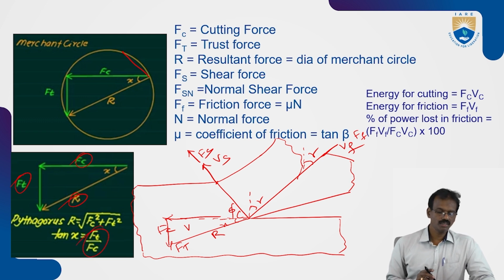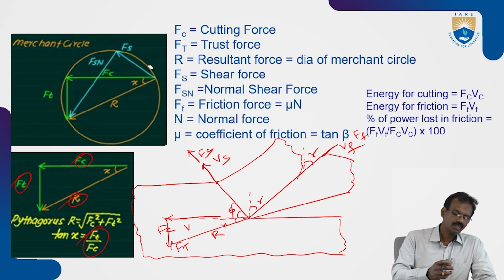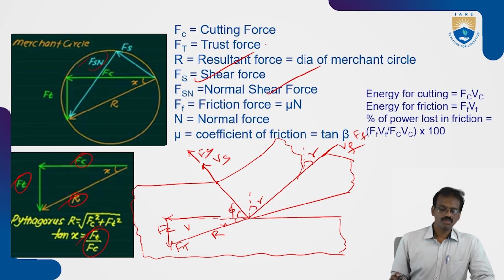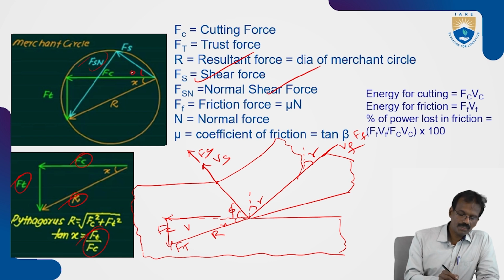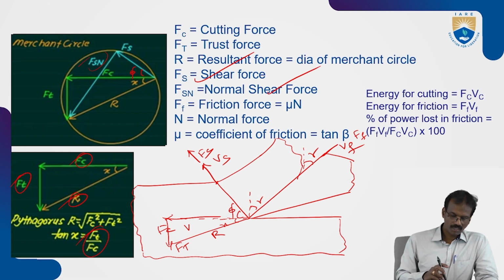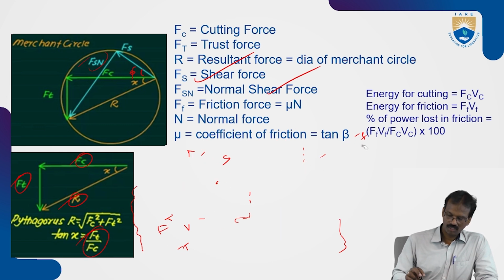Next we will see the shear force triangle here. This is the shear force Fs. The normal shear force, which is perpendicular to the shear force, is FSN. FSN is equal to the normal shear force, and Fs is the shear force. The angle of this one is equal to phi, that is the shear angle. If you consider that triangle, you can understand the relationship like this.